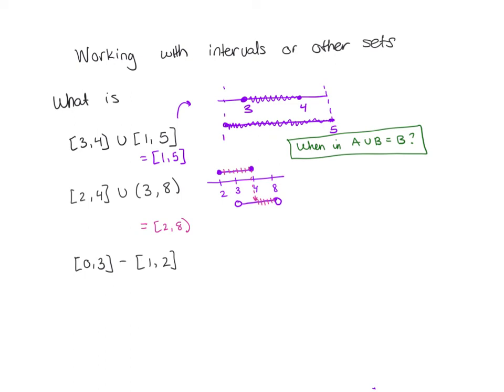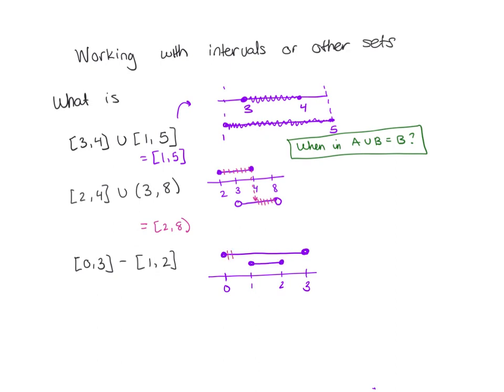All right, let's do one more. I want to look at doing the closed interval 0, 3, minus the open interval 1, 2. So I'm going to take this interval from 0 to 3, and I'm going to get rid of all of the points from 1 to 2.